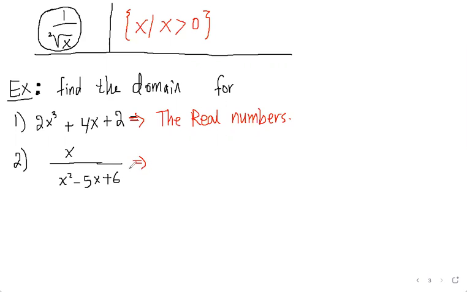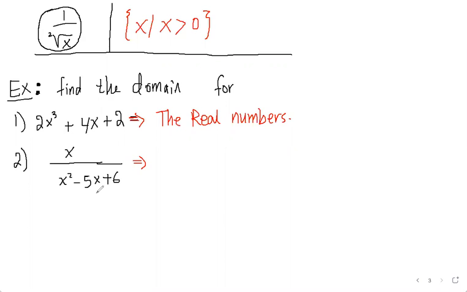First I have to think separately about the denominator and numerator. For the numerator above, for x, I can plug positive numbers. Yes. I can plug negative numbers. Yes. Can I plug 0? Yes. Why? 0 over this gives me 0.